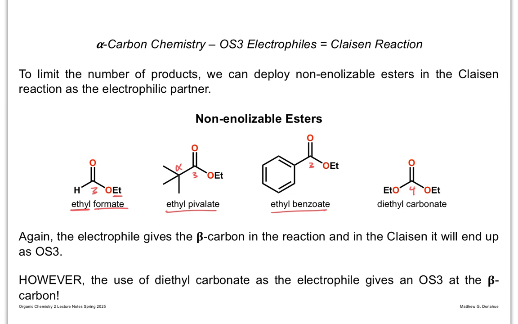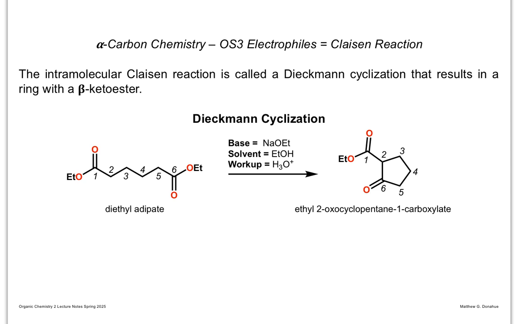But if you start with diethyl carbonate, it's at 4, so it has to go from 4 to 3. So when you use diethyl carbonate, you're kind of switching the reactivity partners in a sense. I'll come back to that.